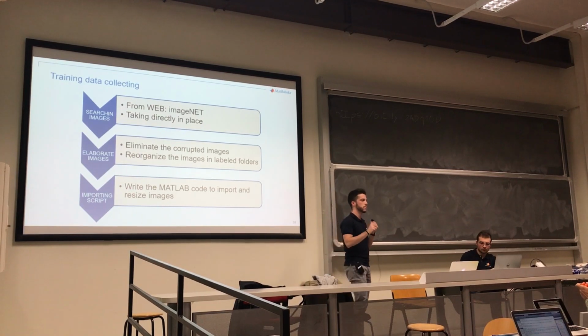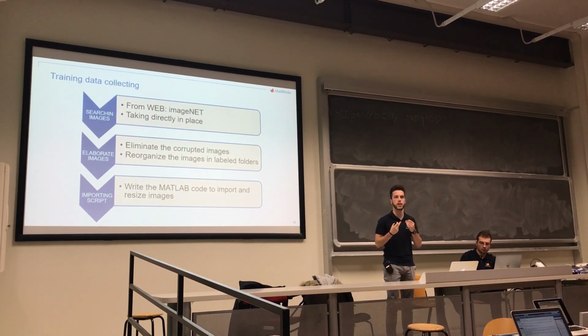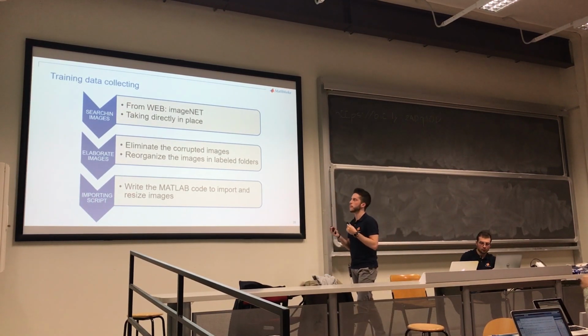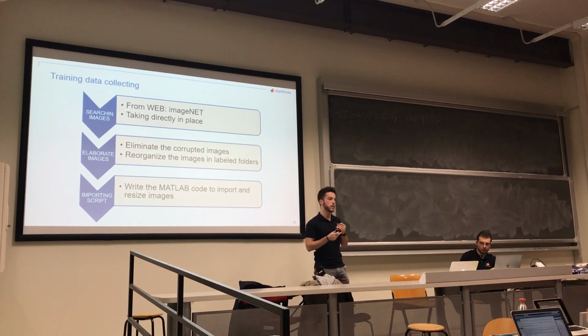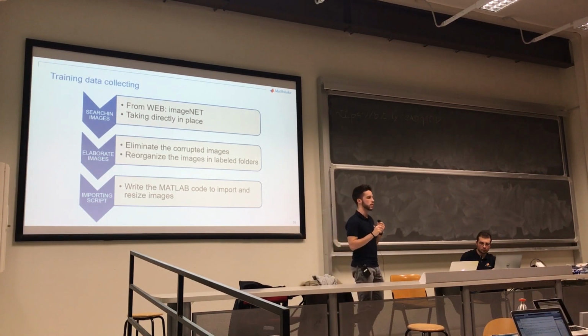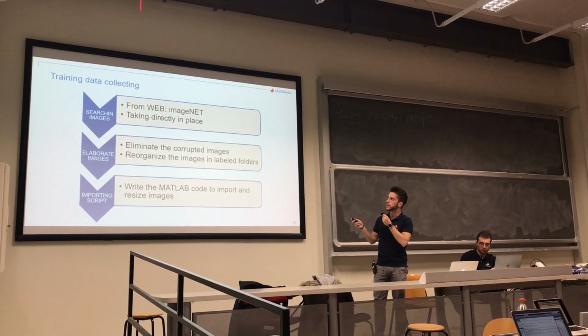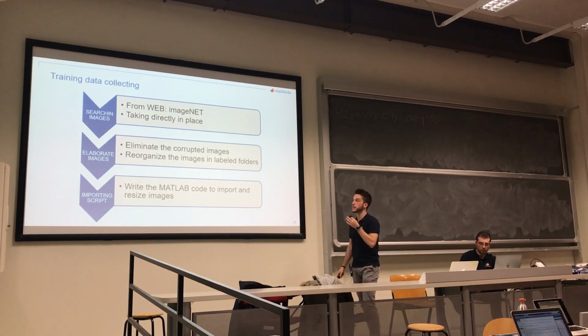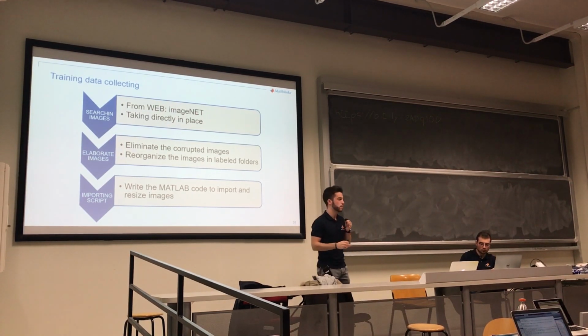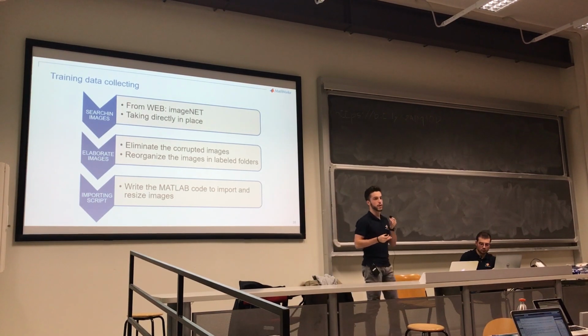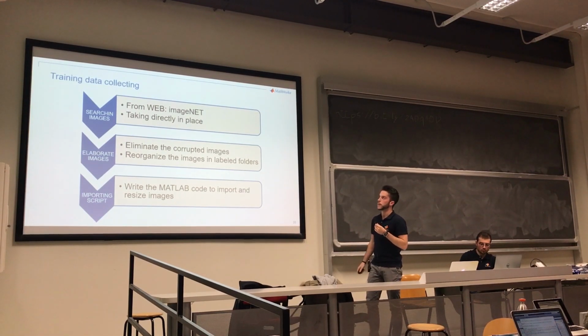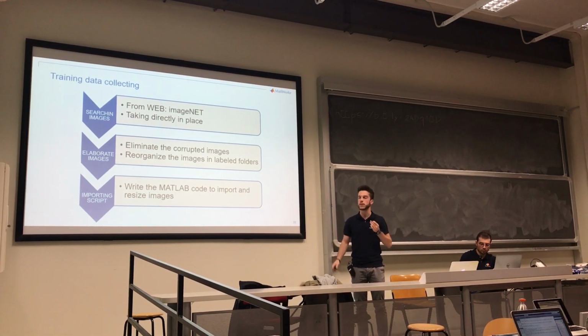It is actually a neural network that performs image searching across all of the web. You can, for example, type car, like in this case, and it looks for car in lots of different sites across the net. So once you have taken these images, I can assure you that they are very full of crap, because of course you download lots of images that are not cars, that are nothing.